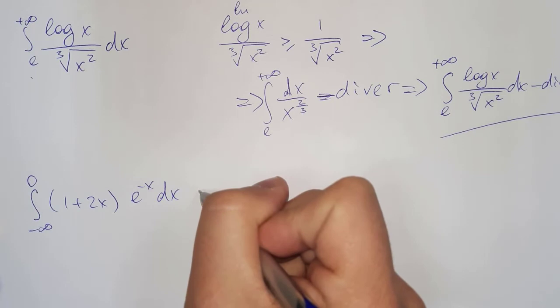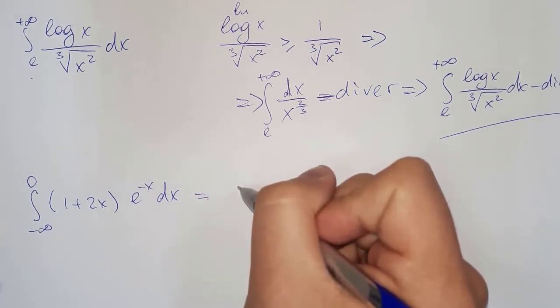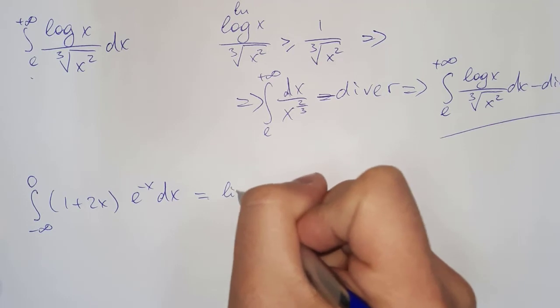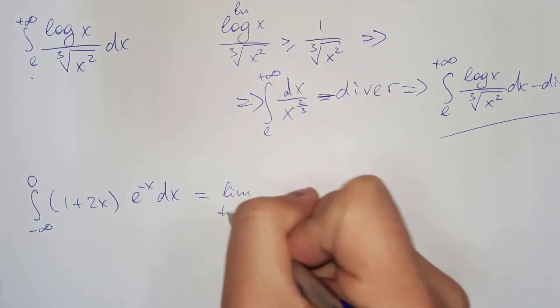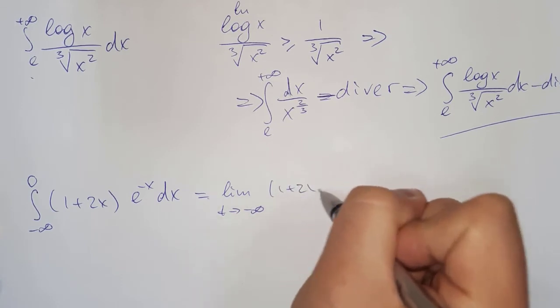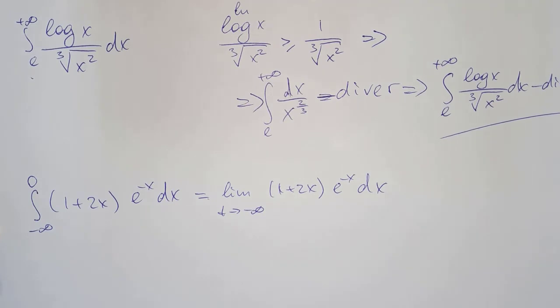So we can change our variable, to the limit as t tends to minus infinity of the integral of (1 plus 2x) e to the power of minus x dx.